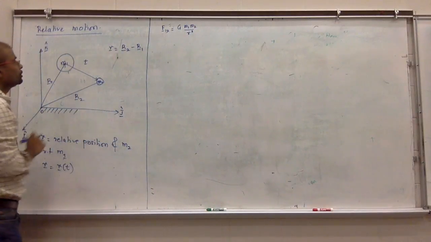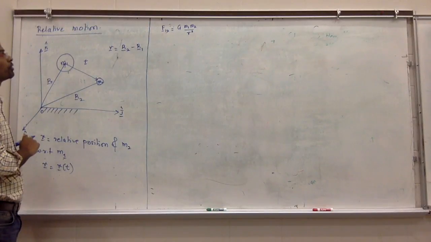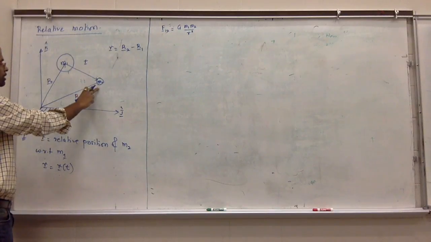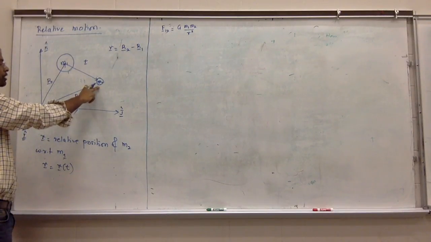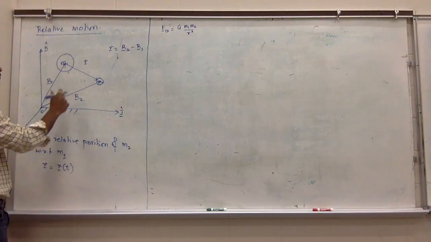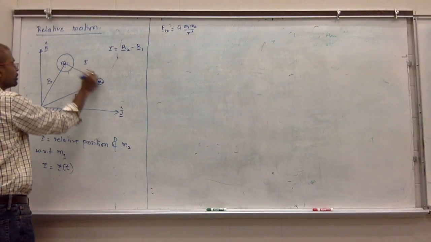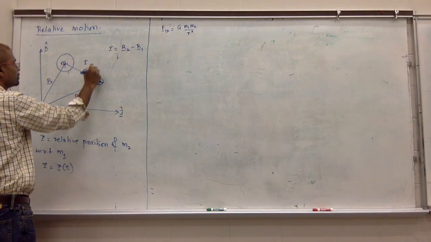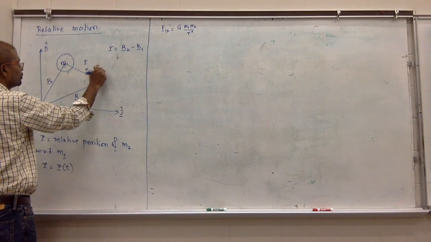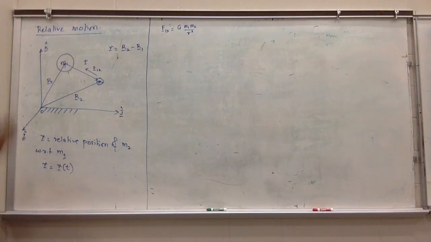So this F12 is defined as the force of attraction. What is the force of attraction? What direction is the force of attraction of m2 with respect to m1?